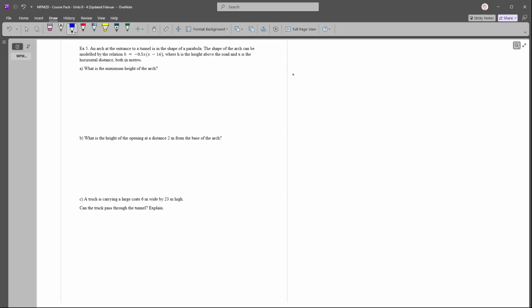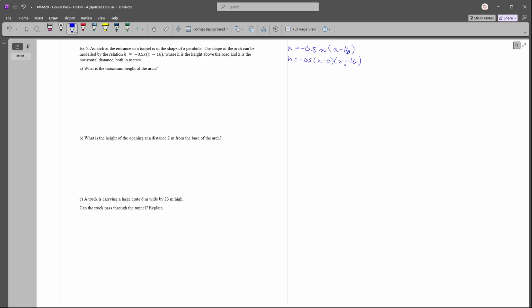So we can draw the picture here. If we think about this whole equation, h is equal to negative 0.5 x times x minus 16, if we think about it in terms of factored form, what we're really seeing here is h is equal to negative 0.5 times x minus 0 times x minus 16.